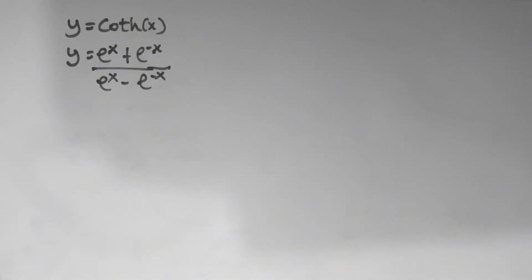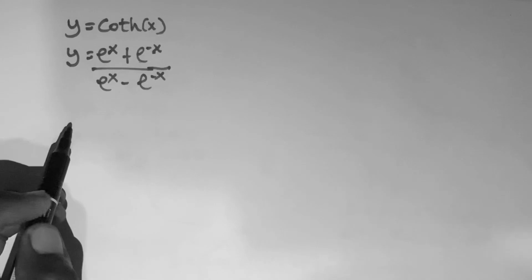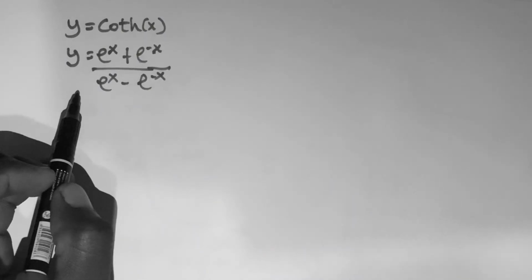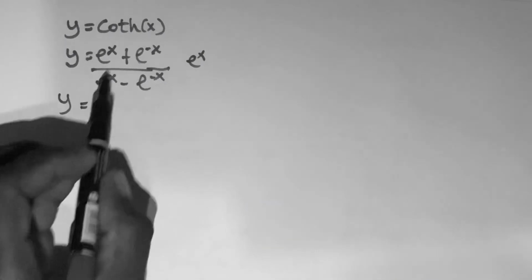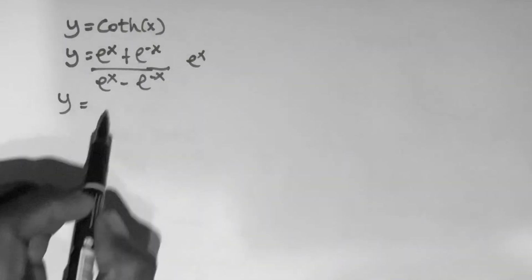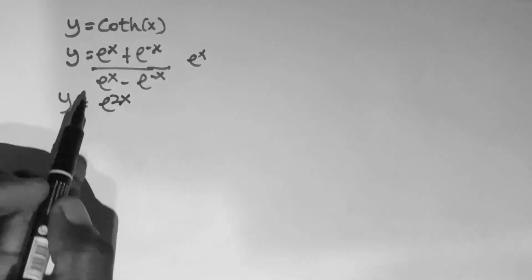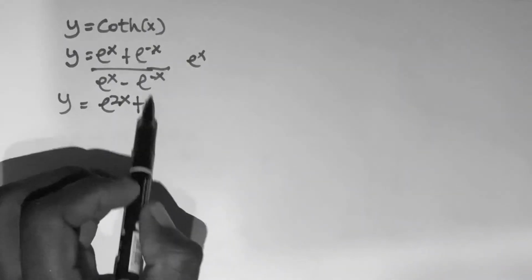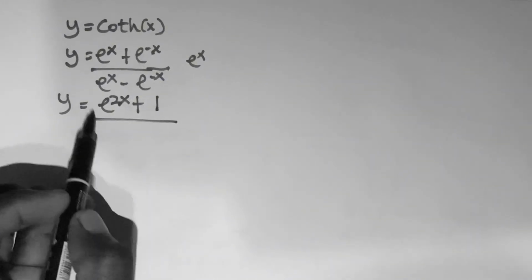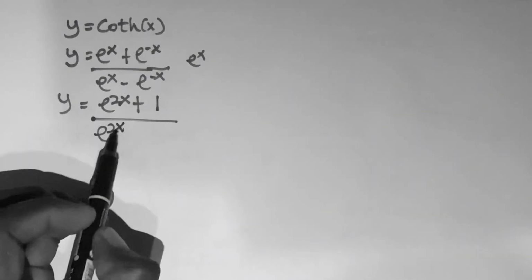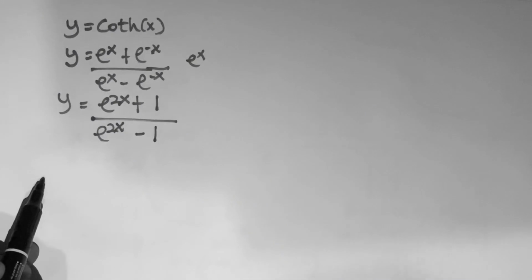So now let's multiply through by exponent x. So y is equal to exponent x times exponent x is exponent 2x, then plus exponent minus x times exponent x is 1, divided by, here will be exponent 2x minus 1.